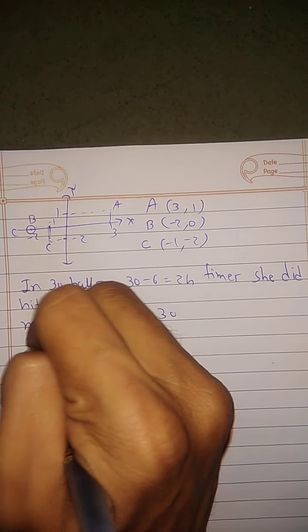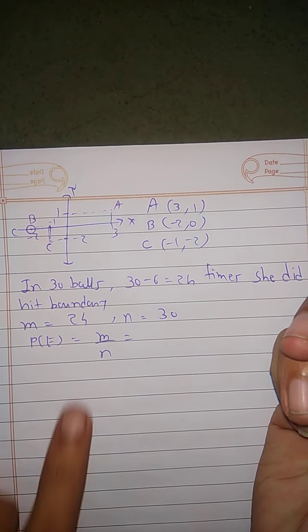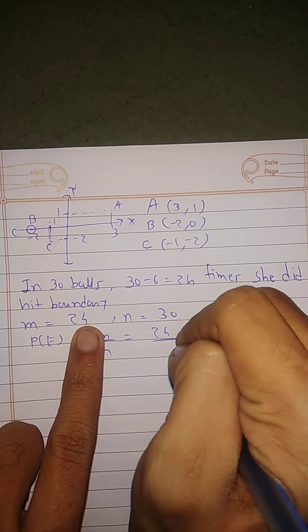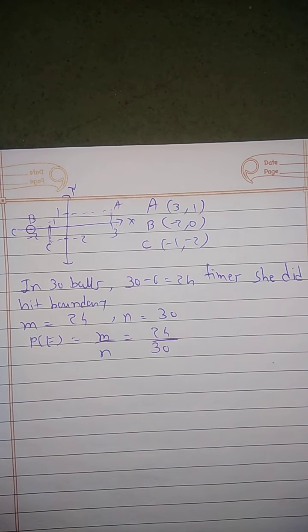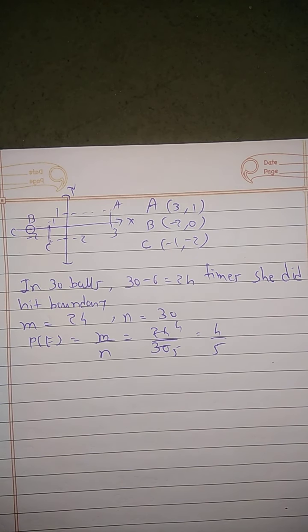Now we can find the probability of this event: favorable outcomes divided by total outcomes. So favorable outcomes 24, total outcomes 30. 6 4s are 24 and 6 5s are 30, so 4 by 5. This is the answer of this question.